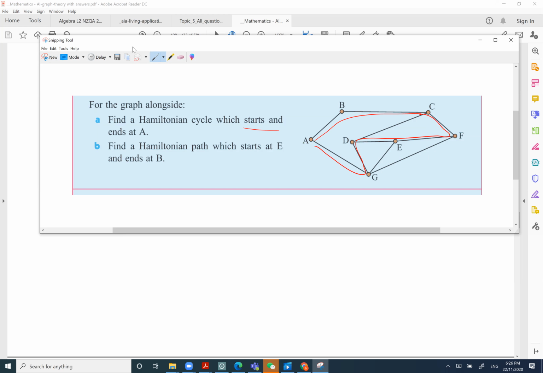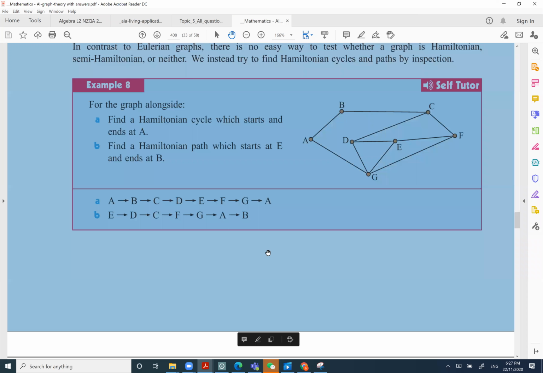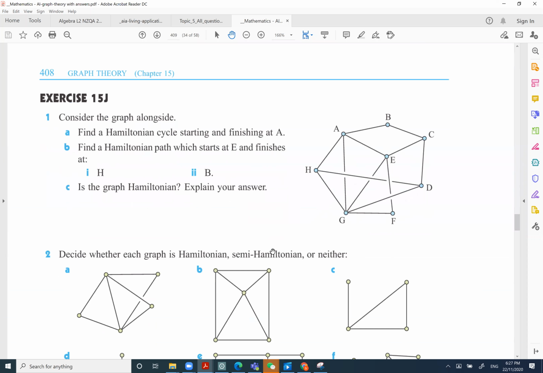If you start from E and stop at B, like this, okay, here, start from E, stop at B. That's how to sketch Hamilton.